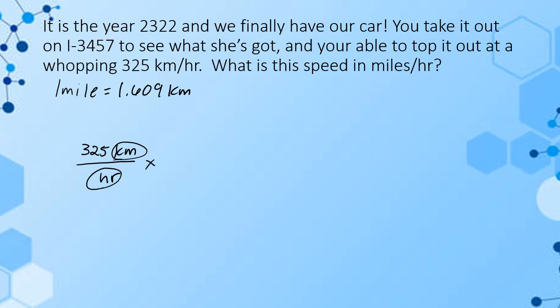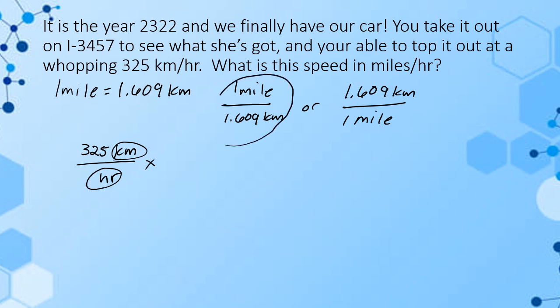We're lucky here because we can write 1 mile per 1.609 kilometers, or we can write 1.609 kilometers per 1 mile. They both express the same relationship. We're going to use this one because we want to get the kilometers out of the way, we want to cancel it, so we're going to pick the one on the bottom here. 1 mile is 1.609 kilometers.